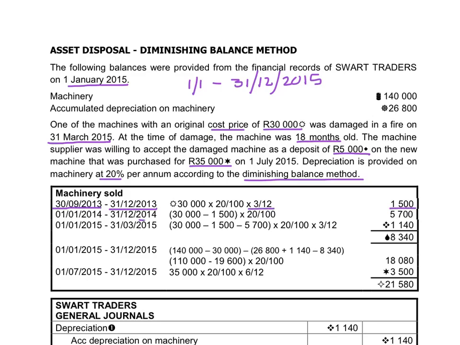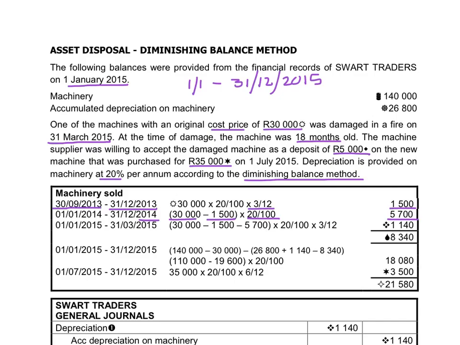For the 2014 year, because it's diminishing balance, we take the 30,000 cost price minus the depreciation for the previous year, and on the 28,500, we will calculate 20% for the full year, and that will give us 5,700.